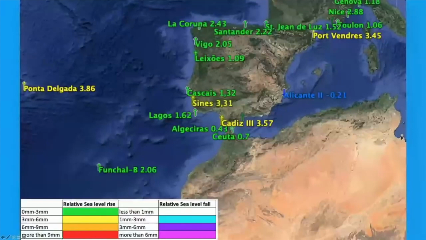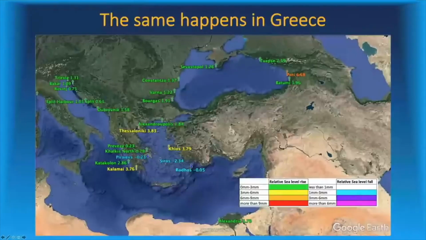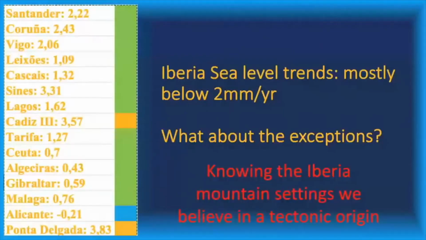So, making a summary of all this, you can see this, and then in a kind of summary, you have green areas where the sea level rise is between 0 and 3 millimeters, and yellow more than 3, and even places where the sea level is going down.